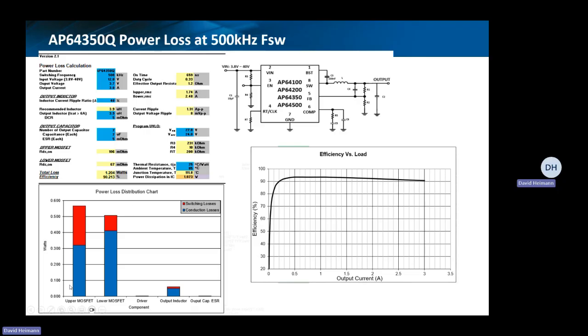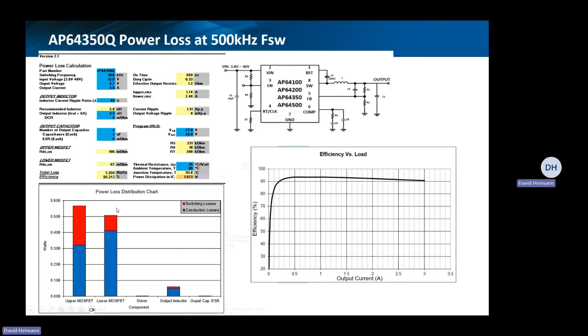And you can see here when we look at power loss distribution, the blue parts of these bars are the conduction losses, and the red parts are the switching losses. So you can see that in this particular scenario at 500 kilohertz with the components we have selected, the power losses are dominated by the conduction losses versus the switching losses, okay?